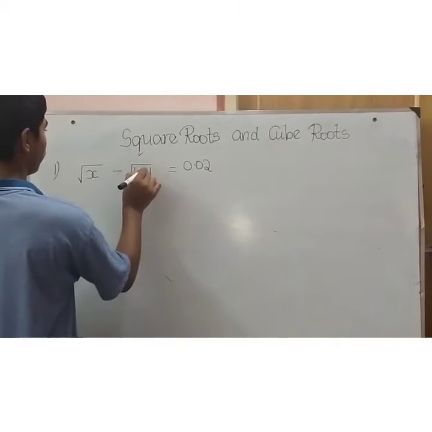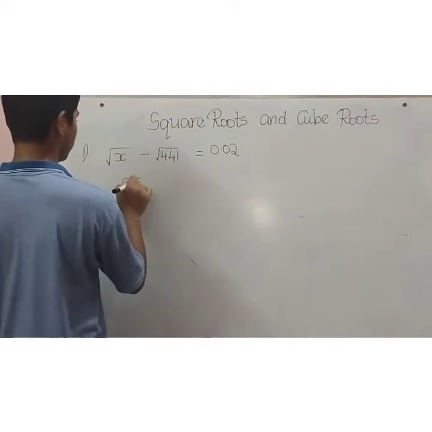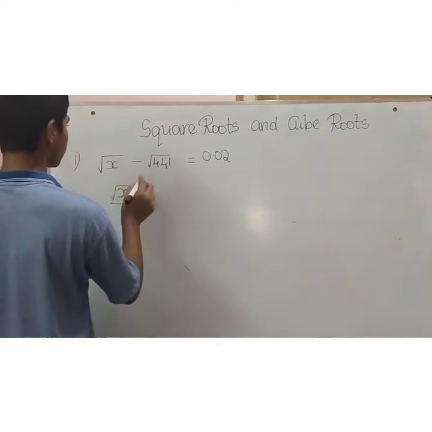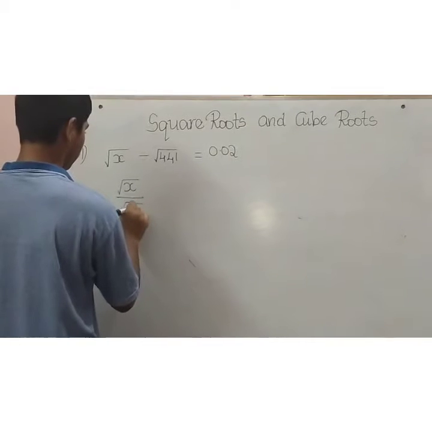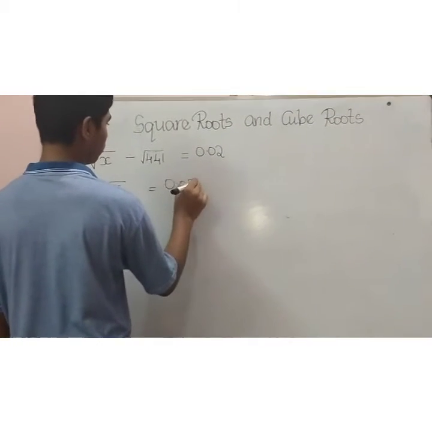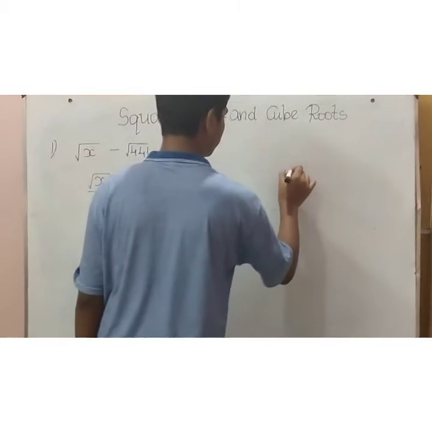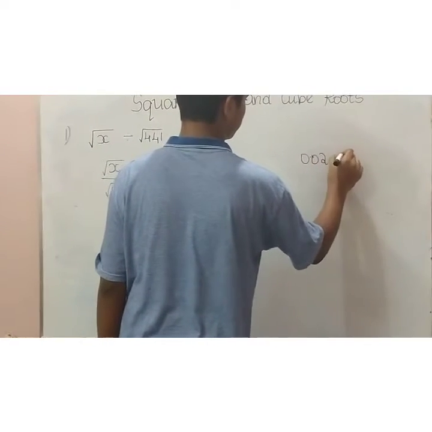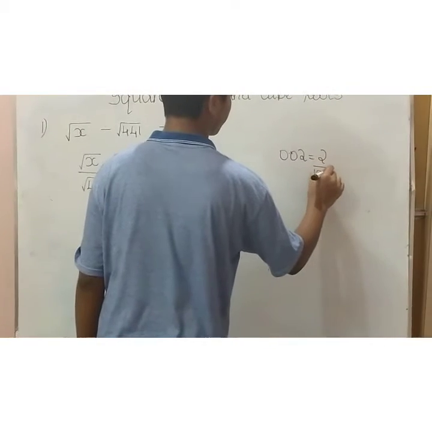Root x divided by root 441 is equal to 0.02. 0.02 is also written as 2 by 100.